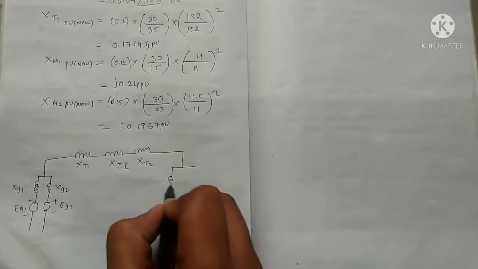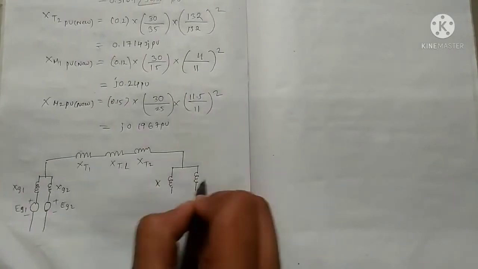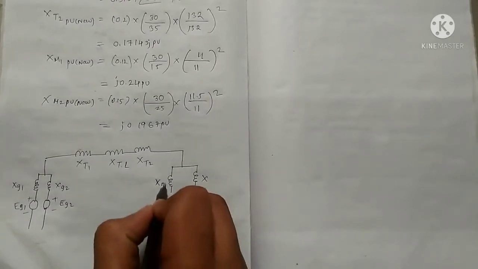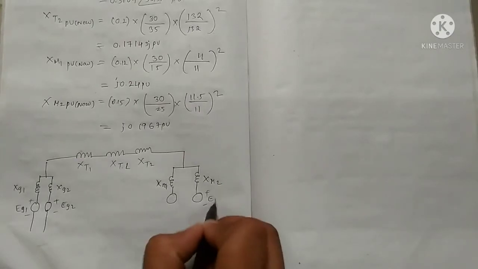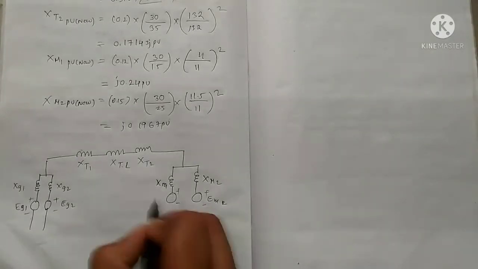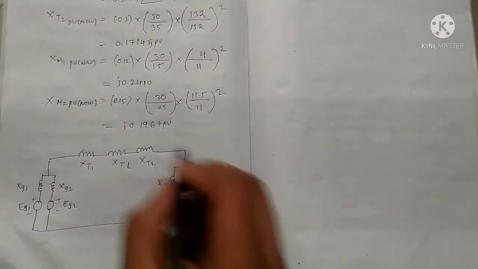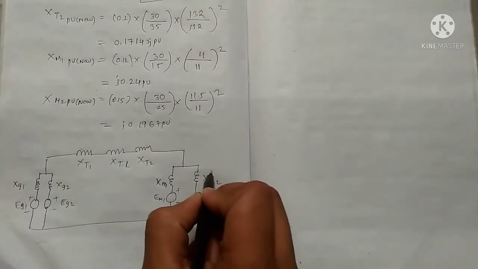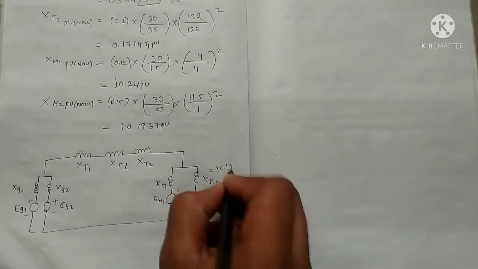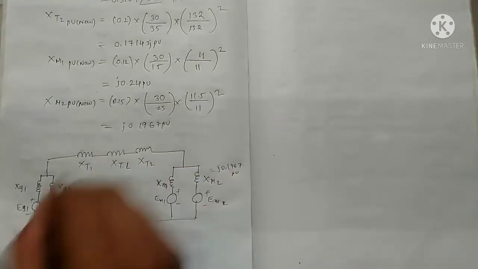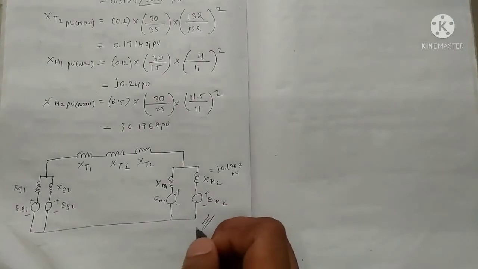And we have two motors, which we must connect in parallel only, xm1, xm2, and plus minus em2, em1. We need to mention these values. For example, xm2 we just calculated as j0.196 pu. We have to write all this. And this is the impedance diagram or reactance diagram.